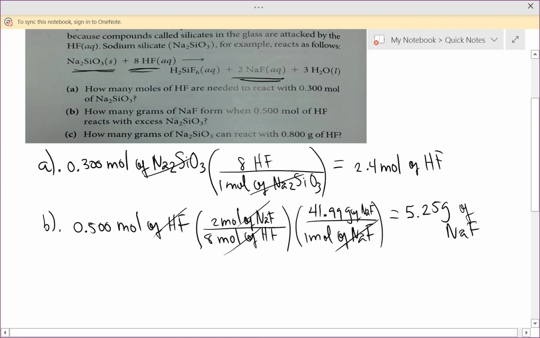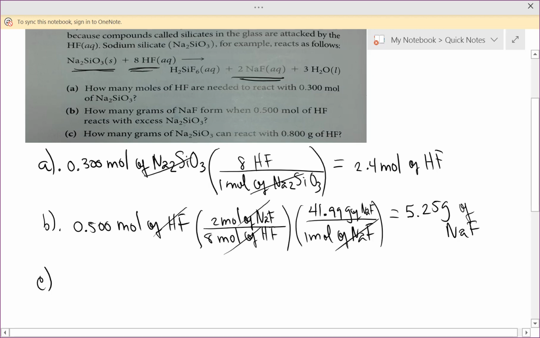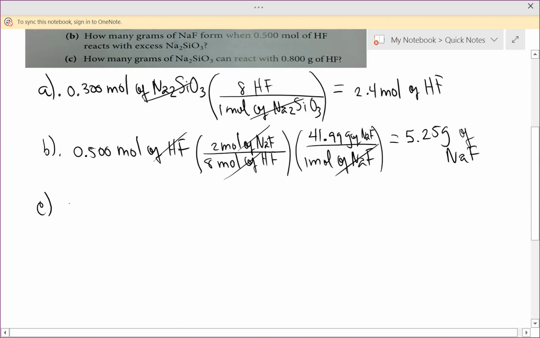Okay, so now let's solve part C. How many grams of this compound can react with 0.800 grams of HF? So part C, 0.800 grams of HF.